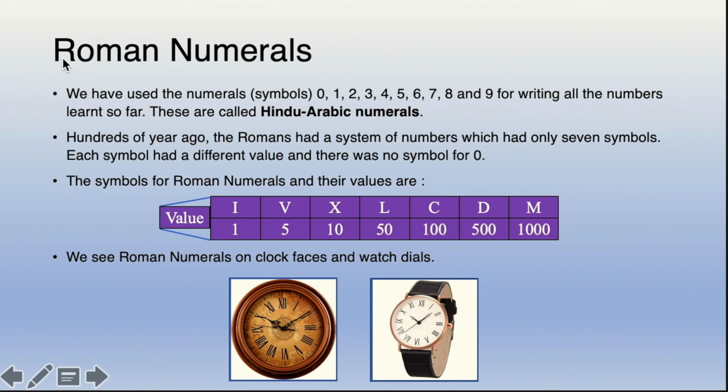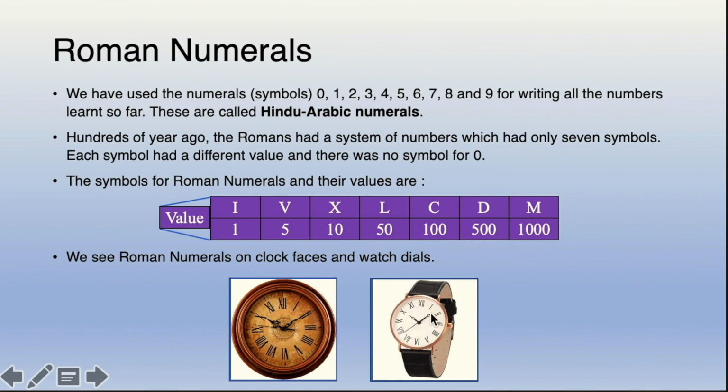Now these Roman numerals do not use the concept of place value, that is ones, tens, hundreds and so on. Now see over here, you must have seen clocks and watches having Roman numerals instead of the numbers with digits, on the watch dial and the clock face.